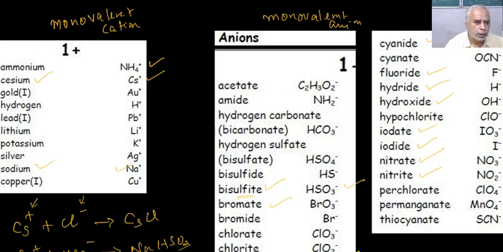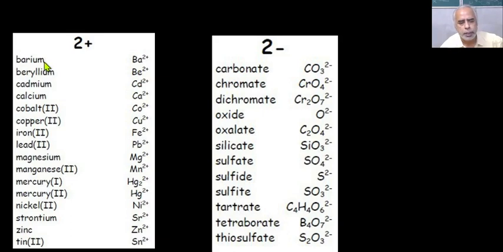And similarly, we have barium 2 plus. So they are called divalent cations. And what about the anions? They are called divalent anions.